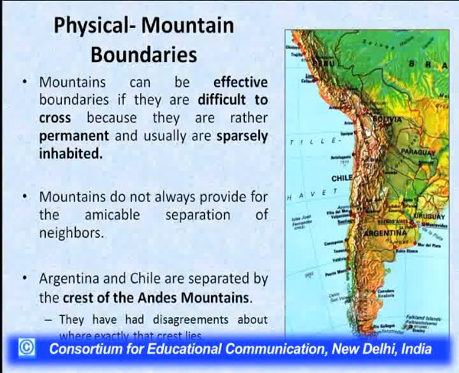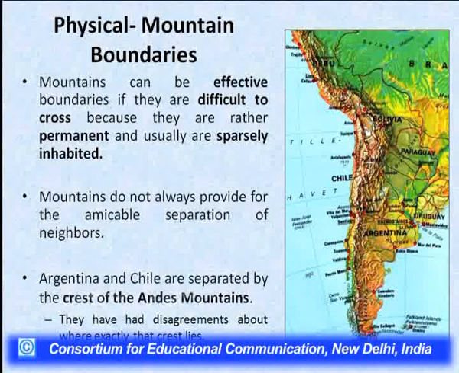So the mountain region is the most important aspect of the physical boundary. In fact, mountains do not always provide an amicable separation of different neighbors living in that particular zone. They are not always divided or amicably settled into different categories.